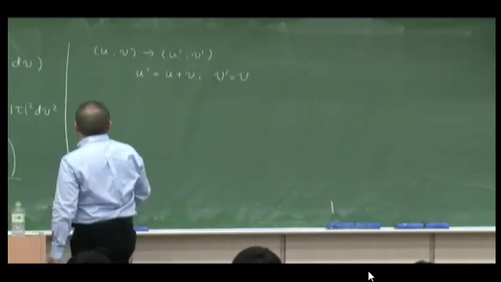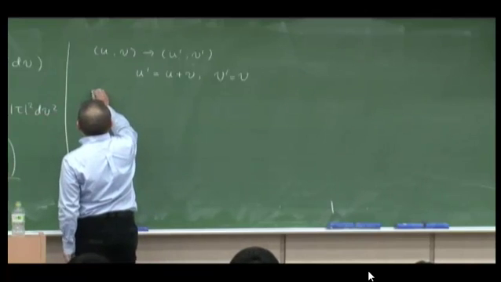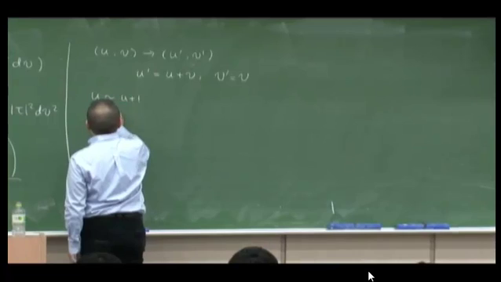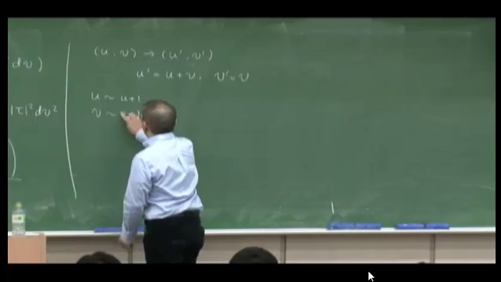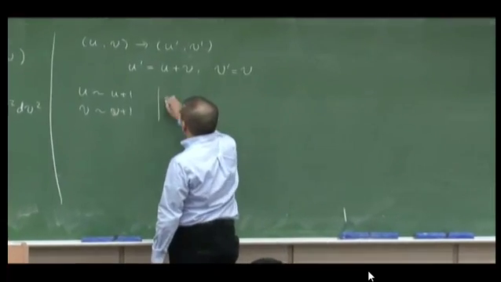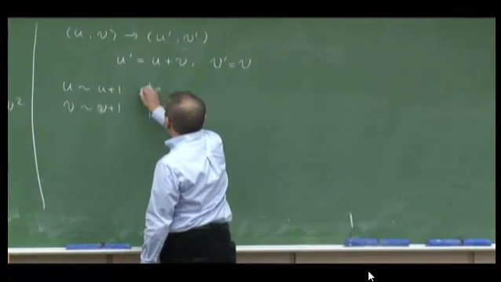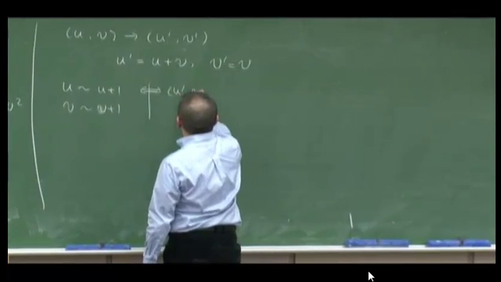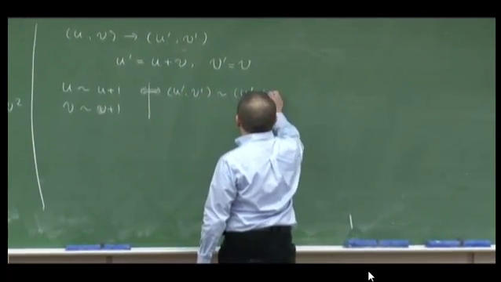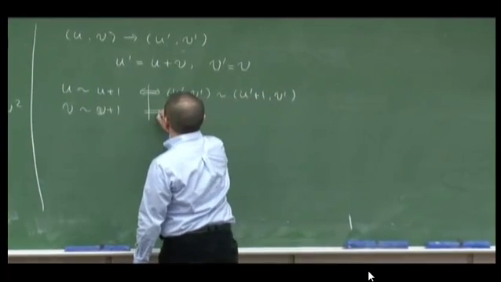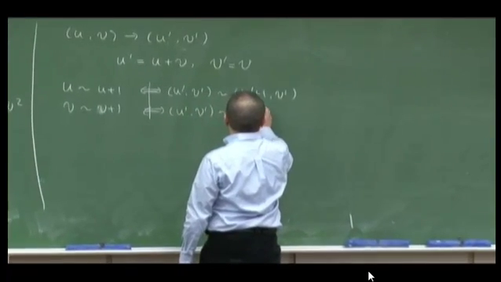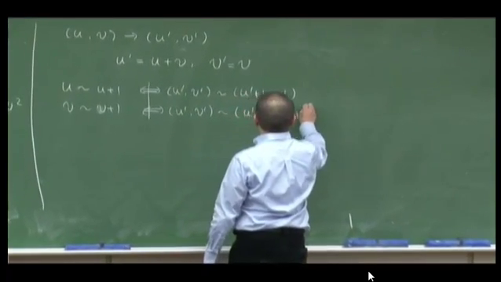Initially we had this periodic identification of u goes to u plus 1, v goes to v plus 1. So there are two periodic identifications. Now, with this new coordinate, this corresponds to u prime, v prime goes to u prime plus 1, v prime. And this one corresponds to u prime, v prime goes to u prime plus 1, v prime plus 1.